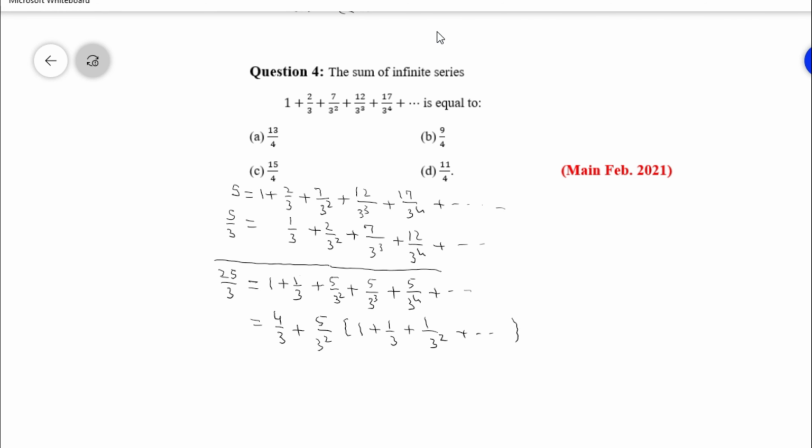Now this can be written as 4 upon 3 plus 5 upon 9 into, this is GP whose first term is 1, common ratio 1 by 3. So sum of infinite terms will be equal to A upon 1 minus R, 1 minus 1 by 3.